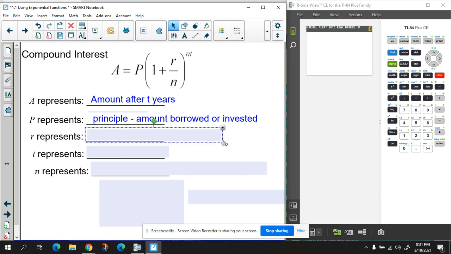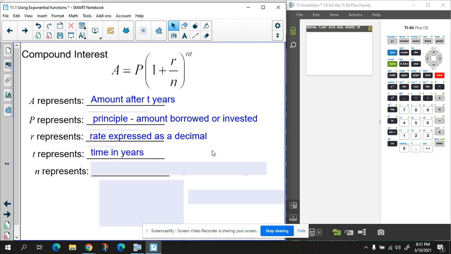The R value again is rate, and remember we're going to be using a decimal in all four formulas when we put in our number for rate. T represents time, but specifically time in how many years have gone by.